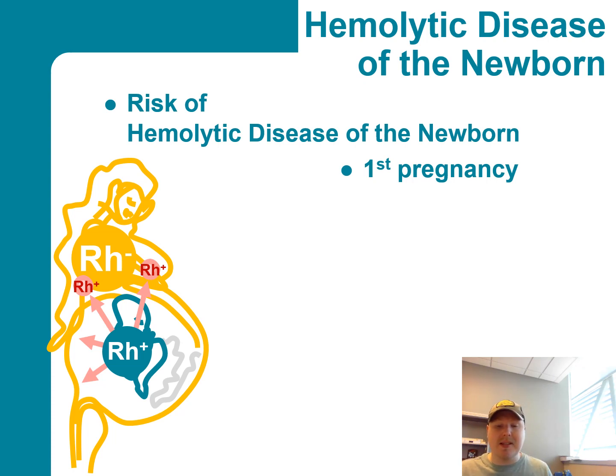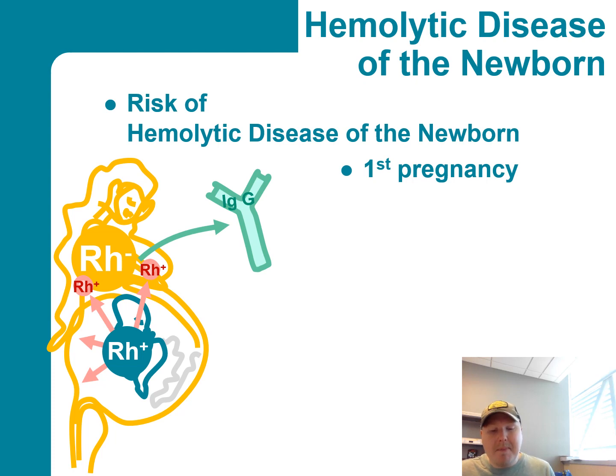And as a side note, as I said before, this will certainly happen during the delivery if it has not already happened during the later stages of the pregnancy. Now, what this will mean is that the mother will make these rhesus factor antibodies. In other words, the mother will become sensitized to the rhesus factor. So she will make rhesus factor antibodies, which previously she did not have.